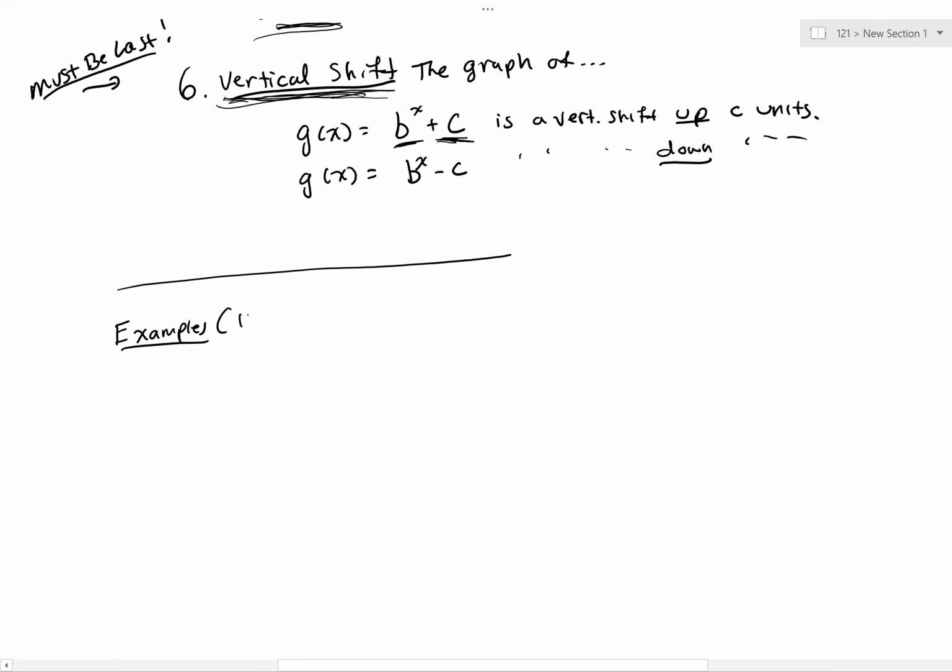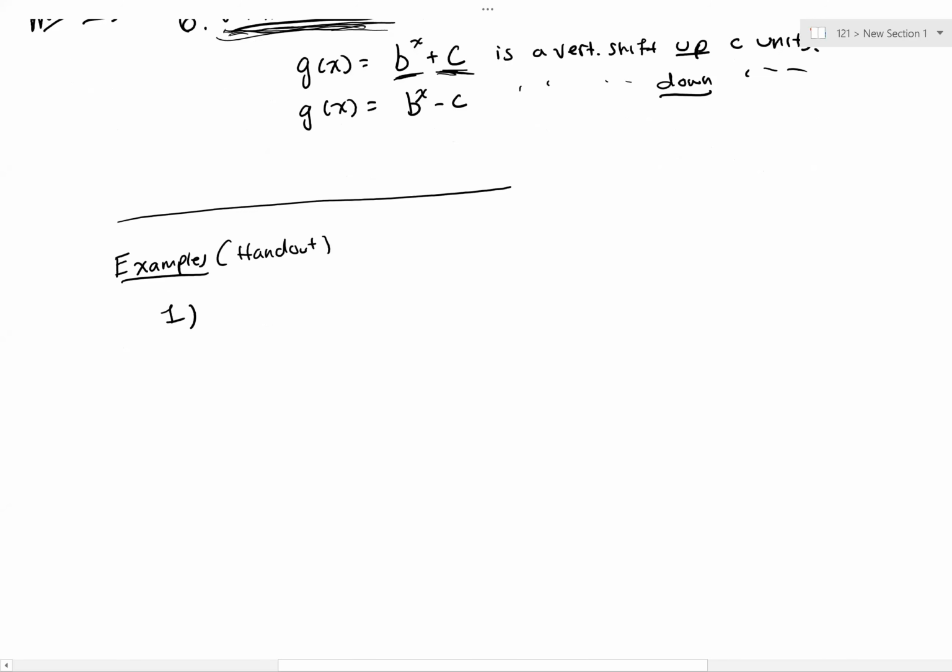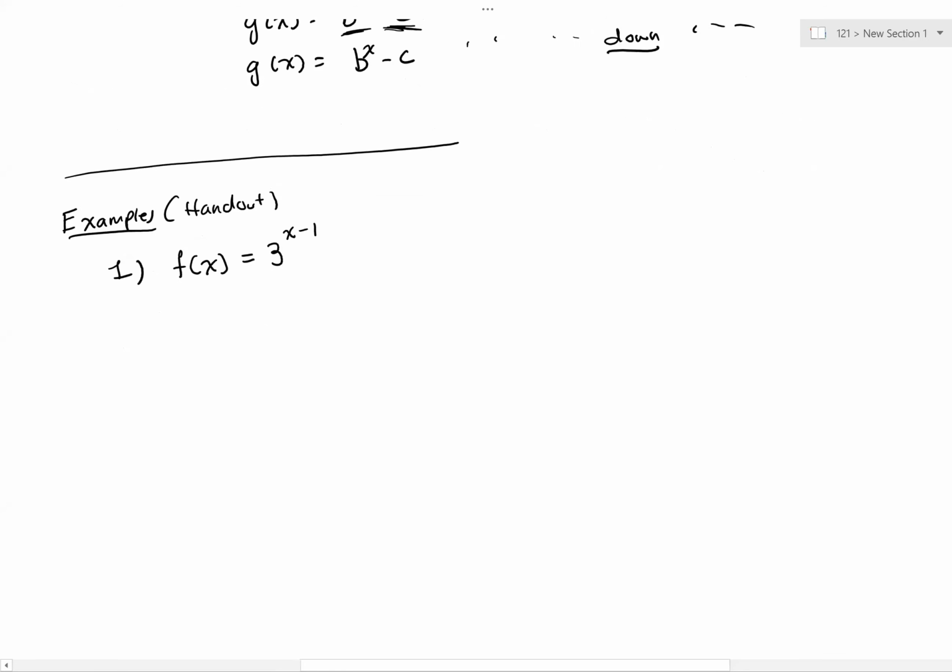Number 1 here, we're asked to graph the function f of x is equal to 3 to the x minus 1. To identify the parent, or what I'm calling here the base function, so I might just change it to parent function. I call this base function on the handout, but it's really the parent function.